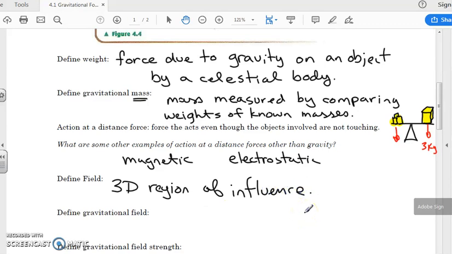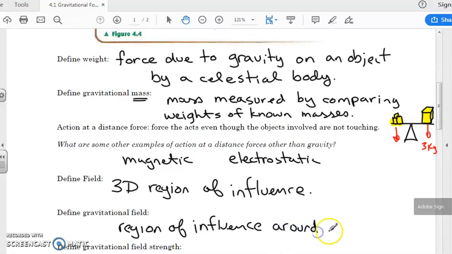And a gravitational field will just be a region of influence around an object with mass. Right, where you can also have magnetic fields and electric fields, but a gravitational field is specifically due to an object's mass.